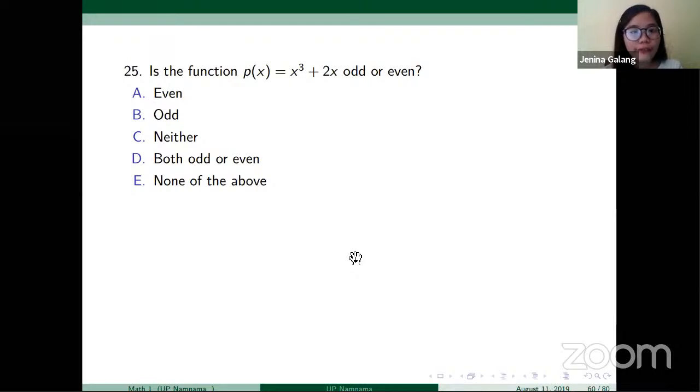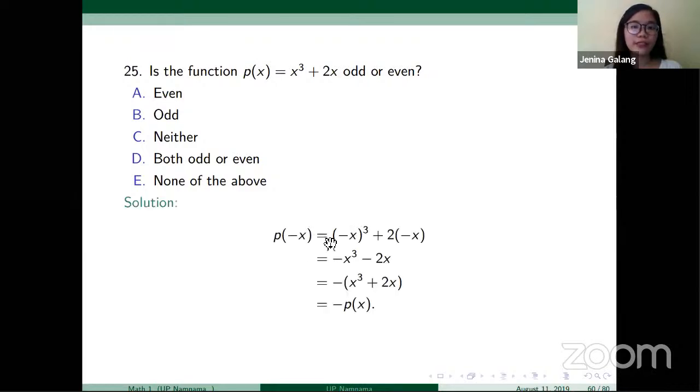And next, number 25, is the function p of x equals x cubed plus 2x odd or even. So, para malaman natin kung odd or even to, magsasubstitute tayo ng negative x dun sa function natin. So, p of negative x is equal to negative x cubed plus 2 times negative x. So, we have negative x cubed minus 2x.